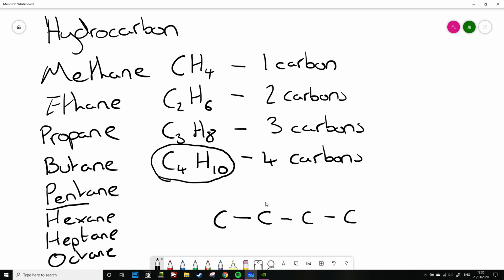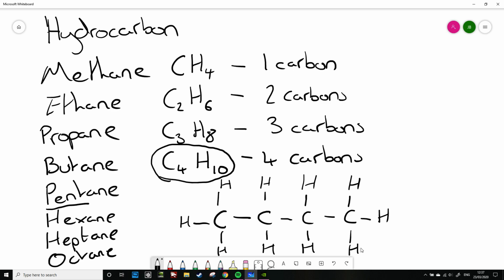Now each carbon will want to make 4 bonds around it. So next step is to draw the lines, because these lines represent the bonds. And then we've got 10 hydrogens to place around here. 3, 4, 5, 6, 7, 8, 9, 10. And that is what butane looks like. 4 carbons in a chain and 10 hydrogens around the outside.